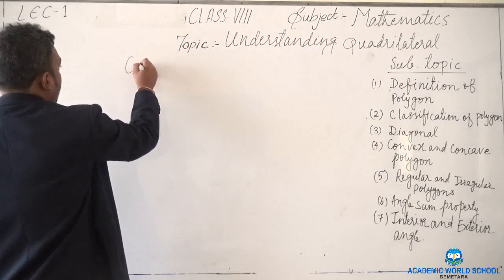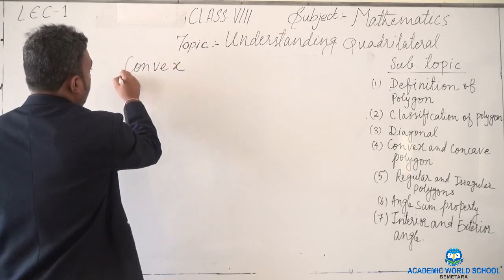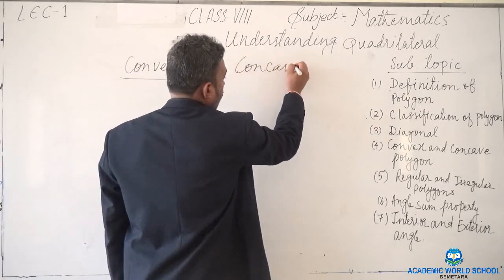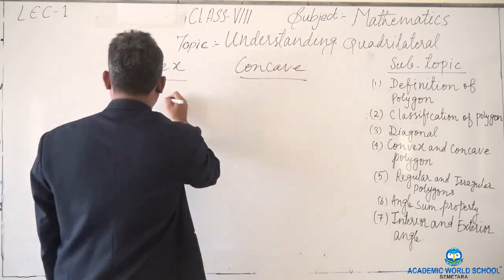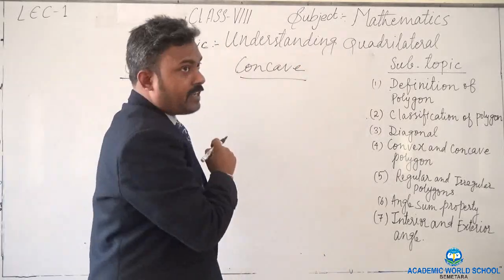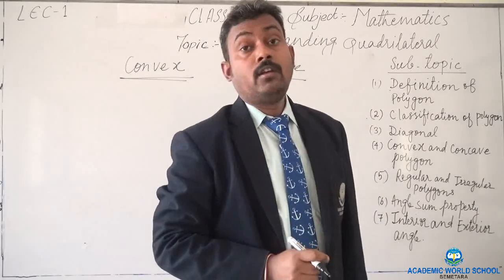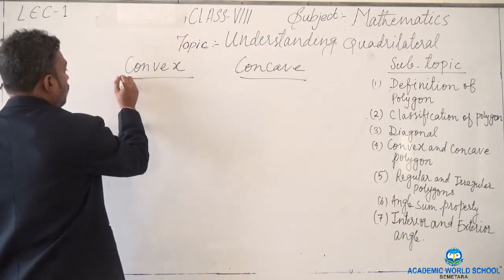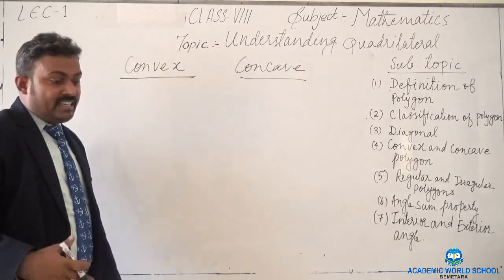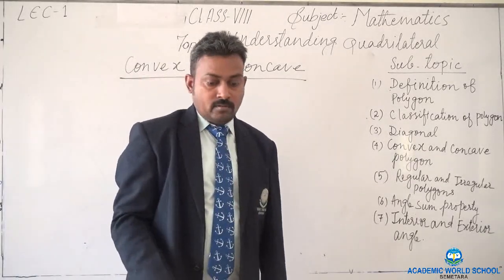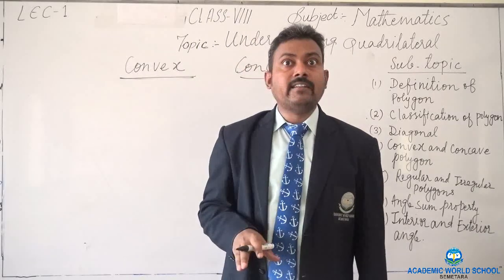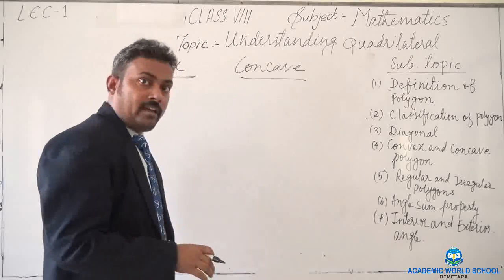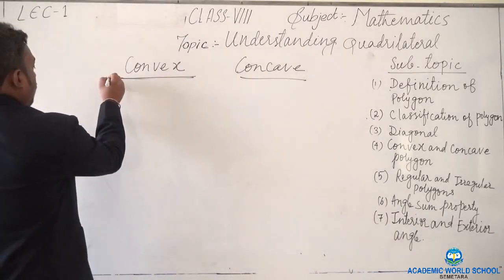We will see there are two types of polygon: convex polygon and concave polygon. Convex means such a polygon whose interior angles are less than 180.